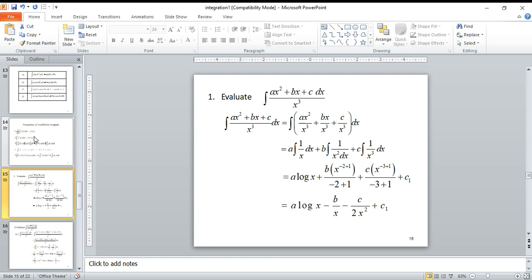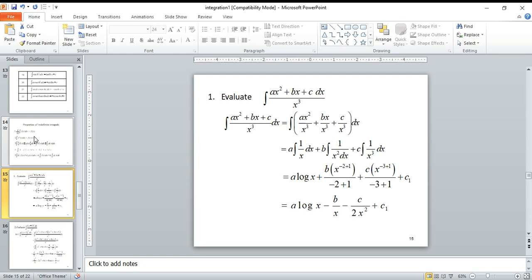So solve one example. Evaluate integration ax square plus bx plus c by x cube into dx. Divide all elements by x cube.